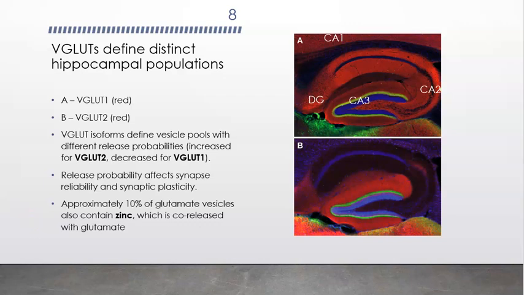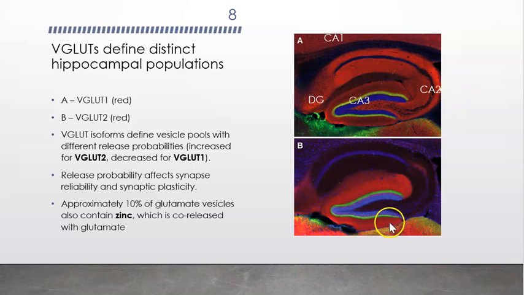Now, in the hippocampus we see expression of both V-GLUT 1 and V-GLUT 2. Depending on which V-GLUT the neurotransmitter is packaged into, that determines the release probability for that neurotransmitter. Here in A, this is a cross-section of the hippocampus, and anything labeled red expresses V-GLUT 1.